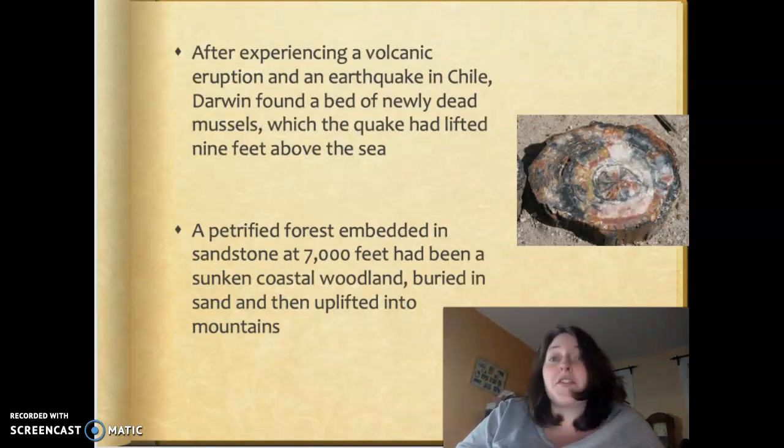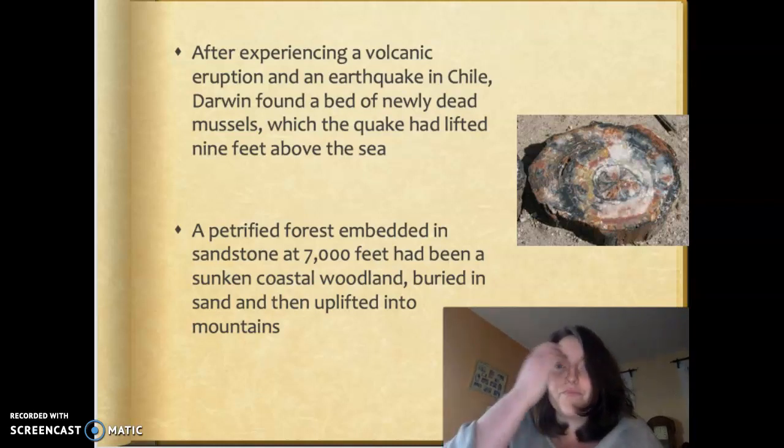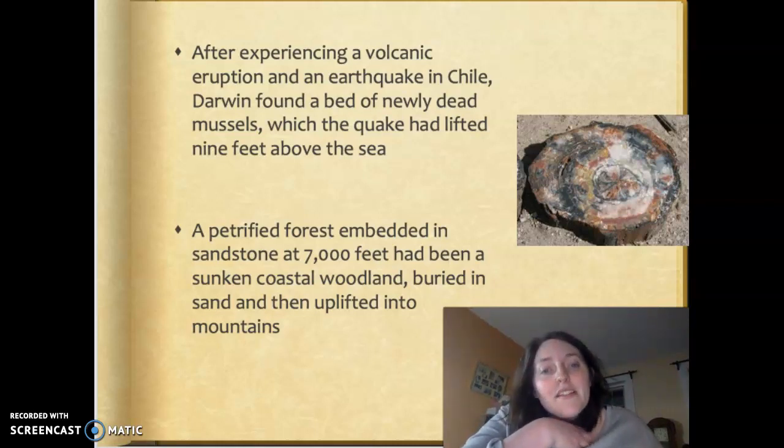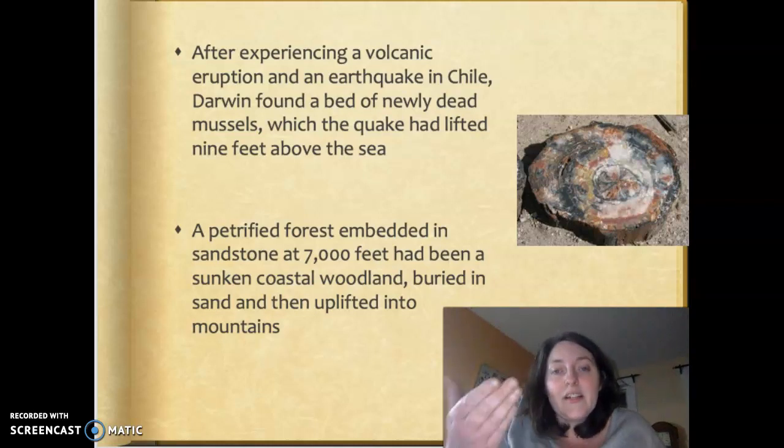After a volcanic eruption in Chile, Darwin found a bunch of dead mussels, which the quake had lifted 9 feet above sea level, which were unique to that area. He also saw a petrified forest embedded in 7,000 feet of sandstone, and it had been a sunken coastal woodland that had been buried in sand and then lifted up into mountains.